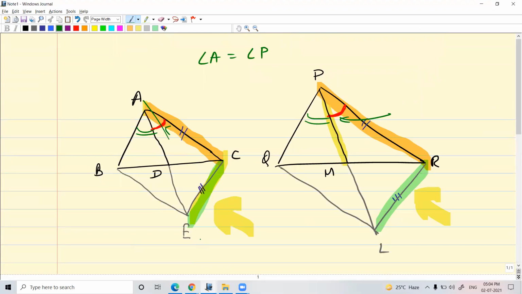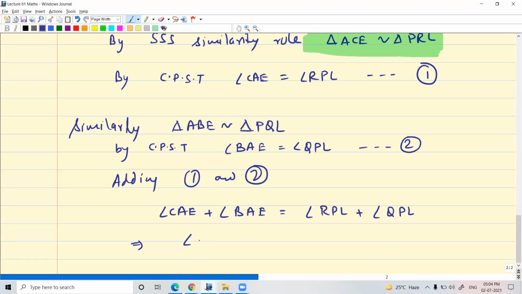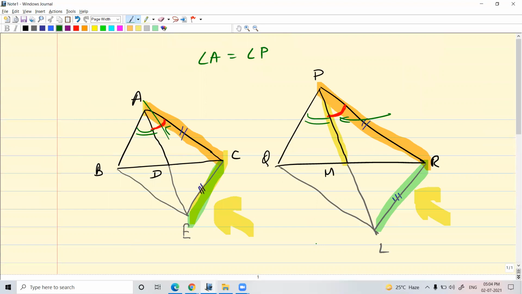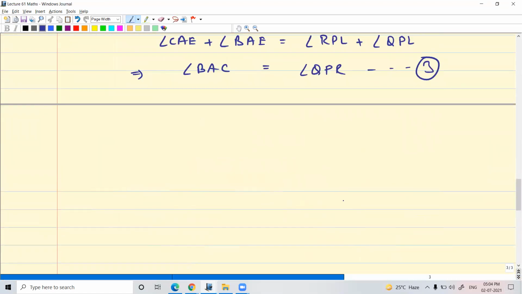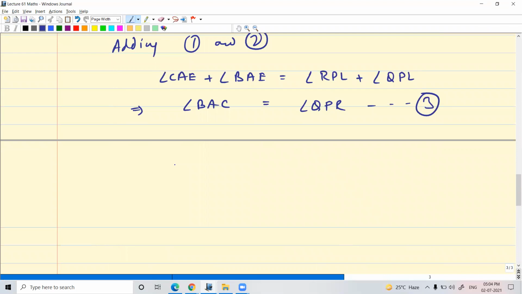Those two angles together. So now we have our angle A is equal to angle P, and of course it was given that AB by PQ is equal to AC by PR.